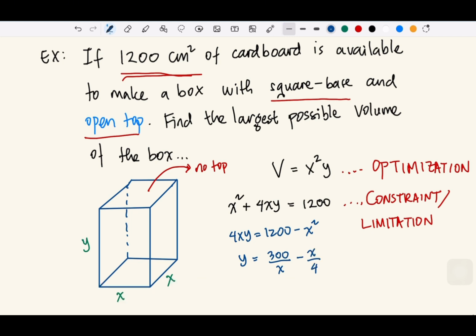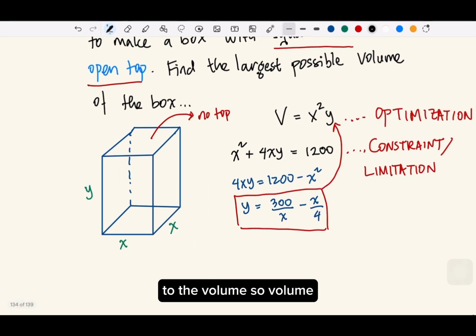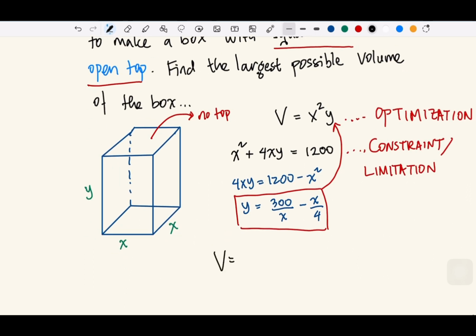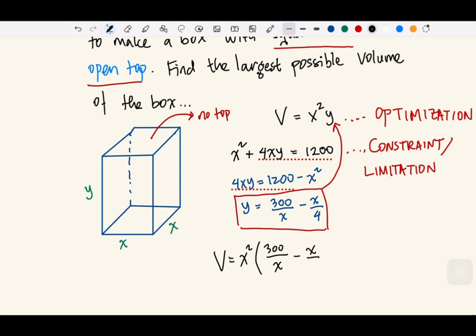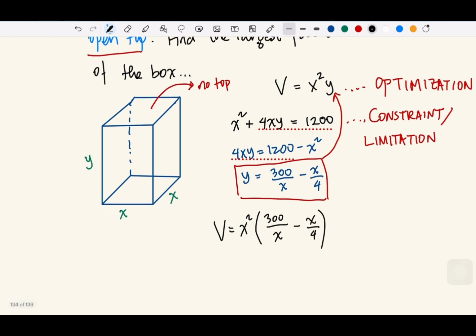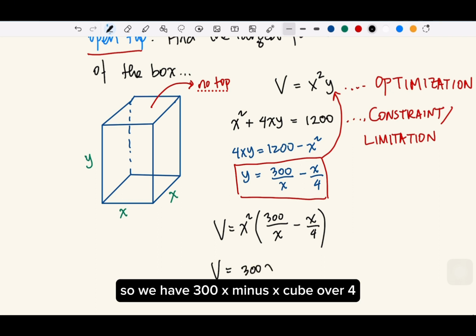Then using this y, we can substitute into the volume. So the volume is x squared multiplied by the quantity 300 over x minus x over 4, so we have 300x minus x cubed over 4.